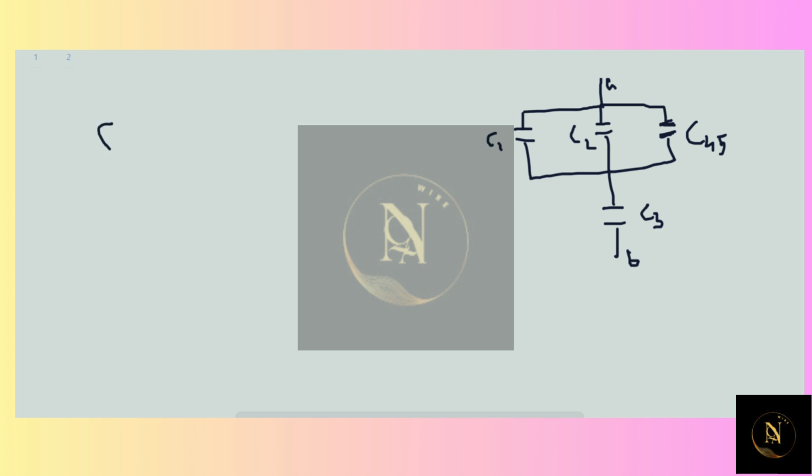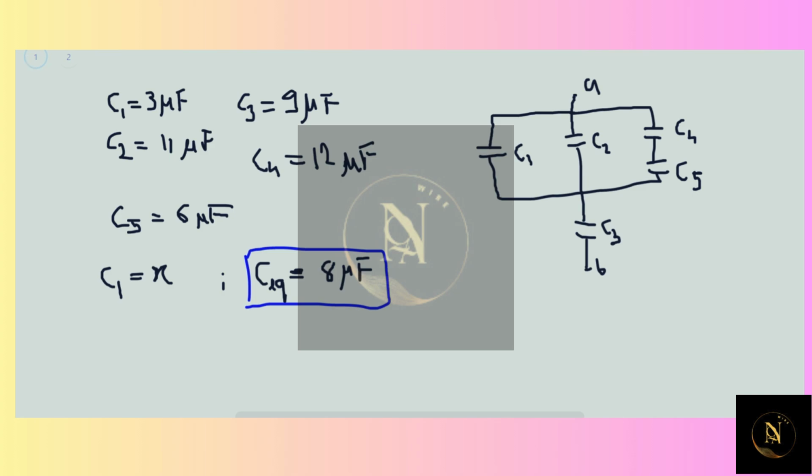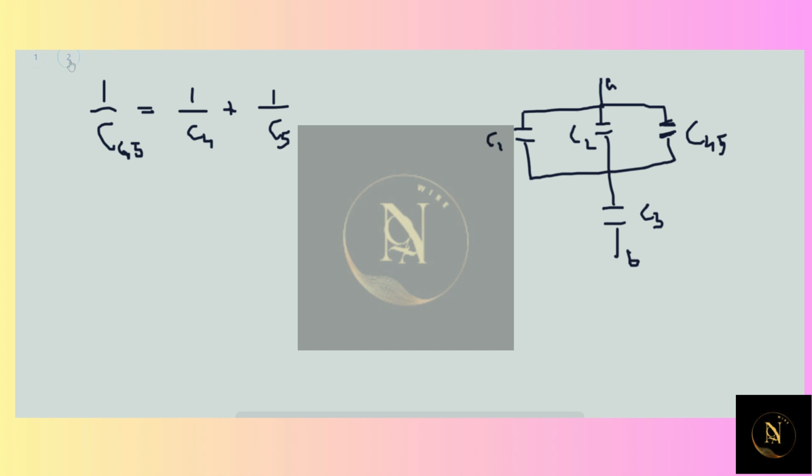Since C4 and C5 are connected in series, the equivalent capacitance for C4 and C5 will be given by 1 over C45 equals 1 over C4 plus 1 over C5. C4 is 12 microfarad and C5 is 6 microfarad.